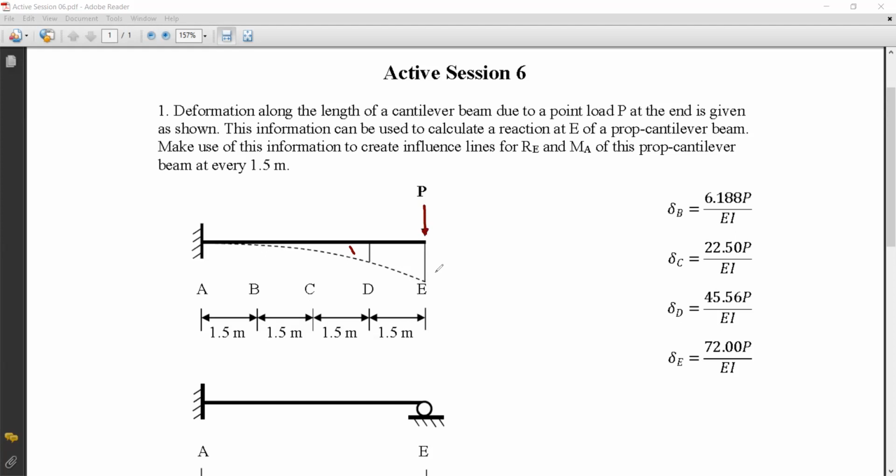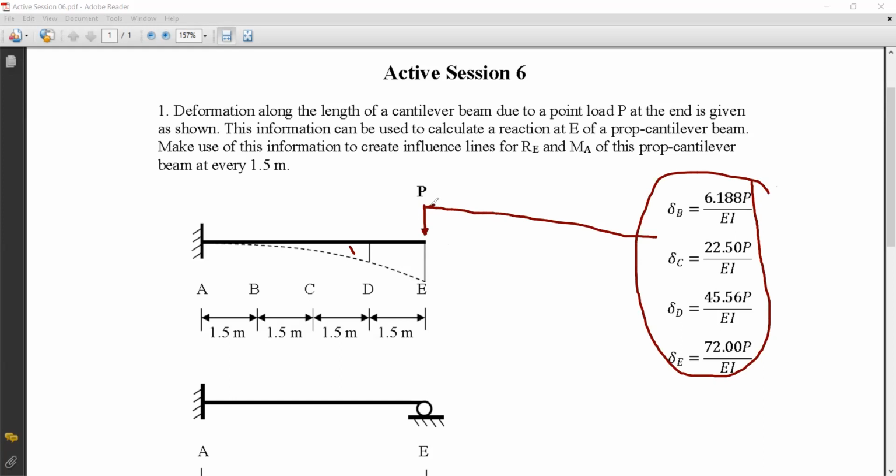So this information of displacement is based on this load P. So you must know that you have to turn this into the deformation, and because it's given here, it's deformation at E to obtain RE.